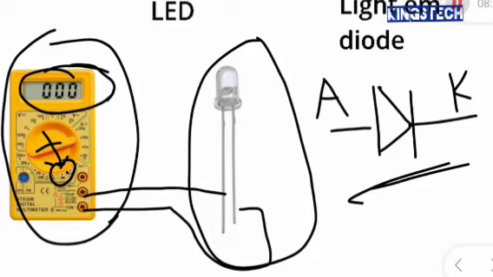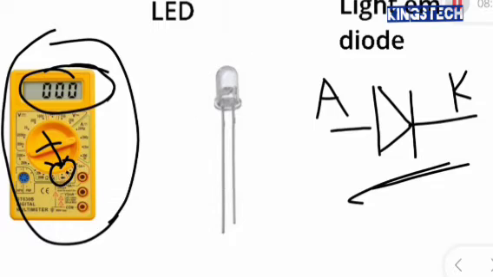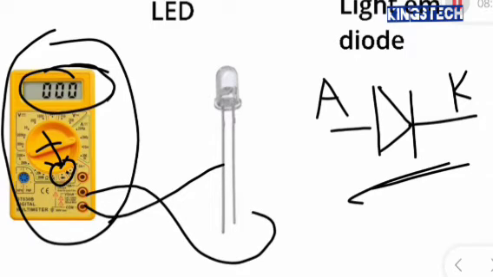Then supposing it doesn't light up and you put it the other way around, maybe let me say we change the legs. You put this one that is negative here, and this one that is positive here. It will never light.